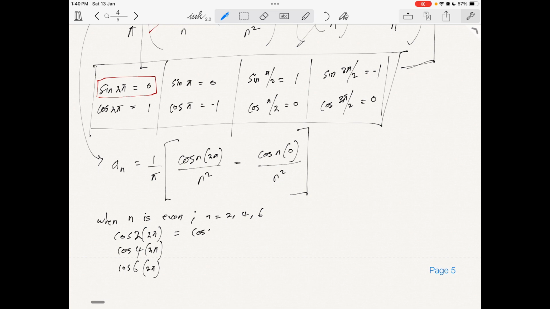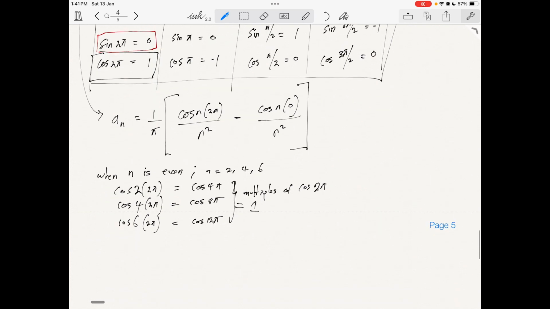So we have this to be cos 4 pi, this to be cos 8 pi, and this to be cos 12 pi. Now all these are multiples of cos 2 pi, and since cos 2 pi is equal to 1, everything is equal to 1. And when n is odd, n is equals to 1, 3 and also 5.